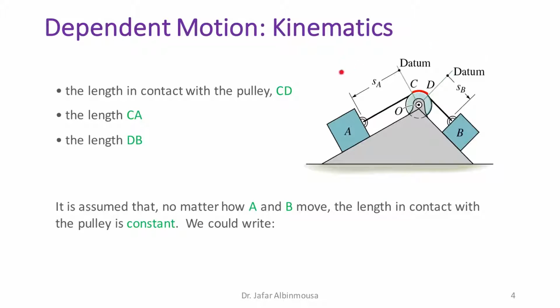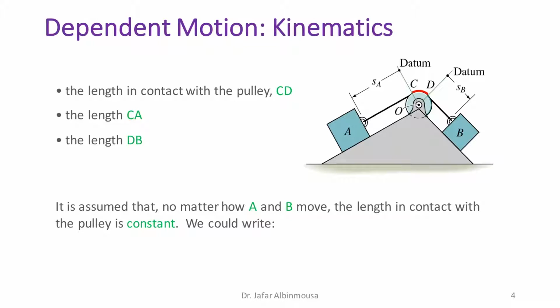So in this figure, we can see that we have two blocks, block A and block B, and they are both sliding on different inclines, as you see here, but they are both connected by a cable or a rod. What is important over here is that to establish the kinematic relation, we will start with length.